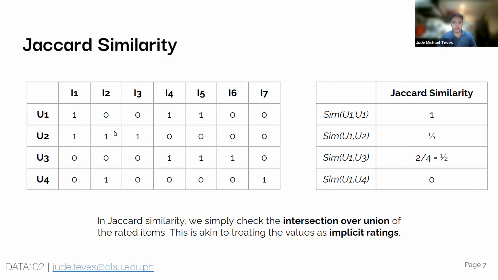We're just looking at the cells where there's a value. So there are only 5 cells that have values. For U1 and U3, it will be 1/2. And for U1 and U4, it will be 0 because there's no intersection.